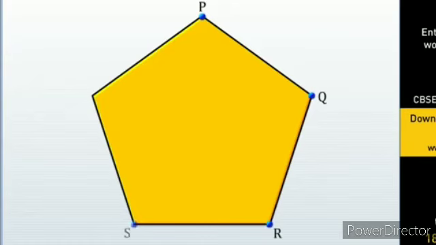So, a diagonal in a polygon is drawn connecting 2 non-consecutive vertices.